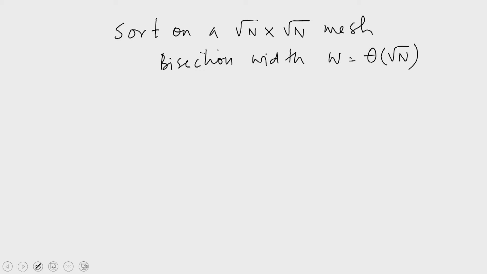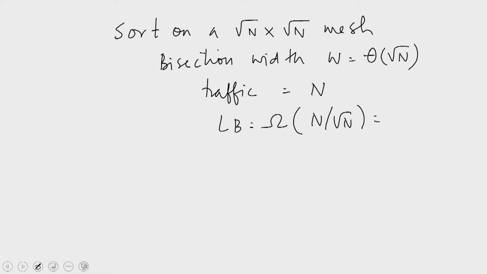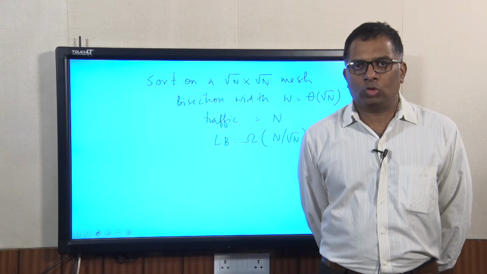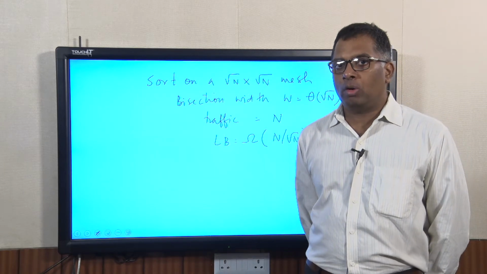The net traffic required is n. Therefore, the lower bound is omega of n by root n, which is omega of root n. That is, you cannot expect to sort faster than root n. Of course, we have already seen a precise lower bound for this purpose.